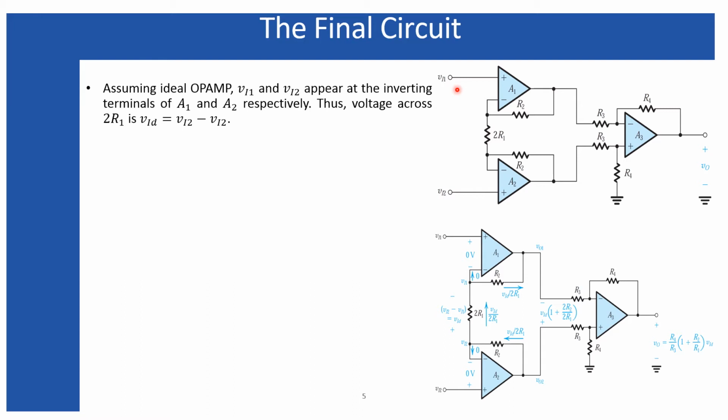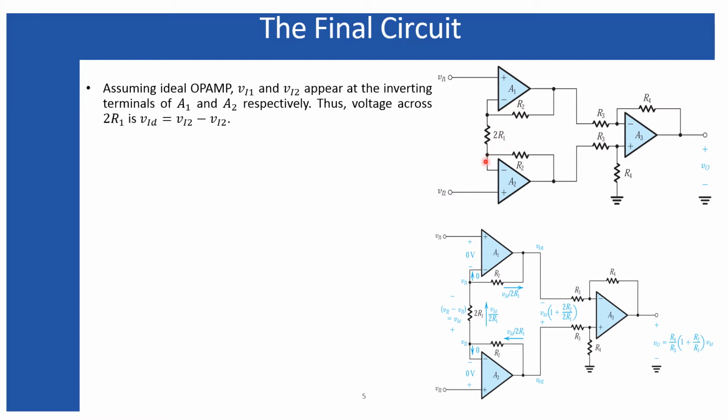That is Vi2 minus Vi1 divided by 2R1, named over here as VID, because the potential difference Vi2 minus Vi1 is the differential voltage that we are applying. So finally, the differential voltage is available in terms of the current through these two R1 resistances.